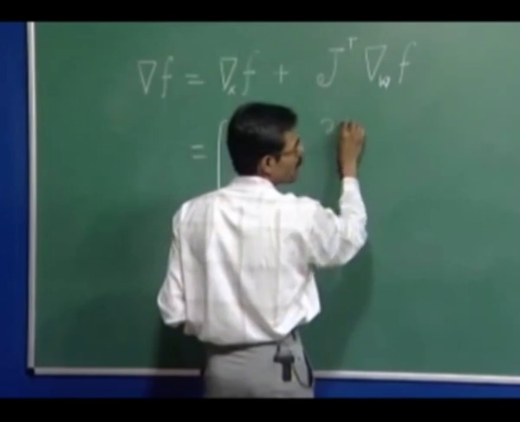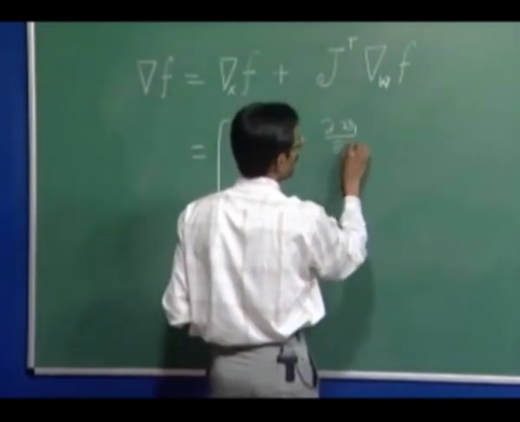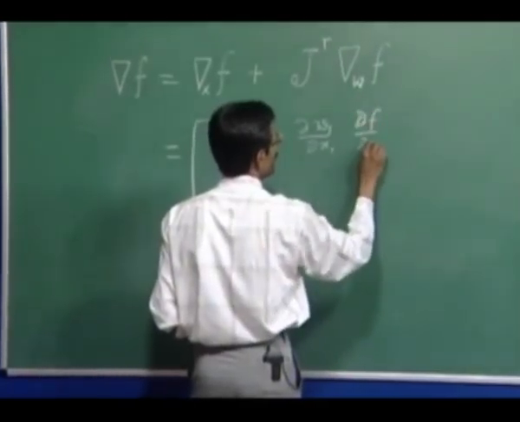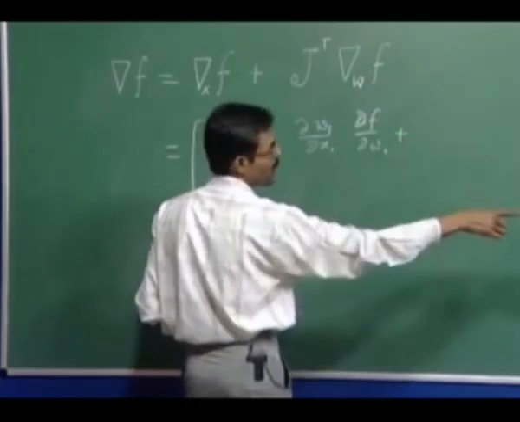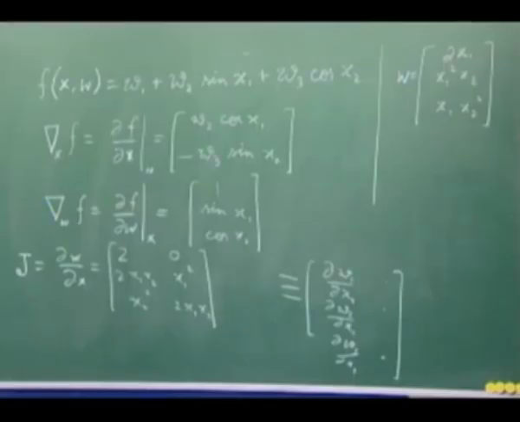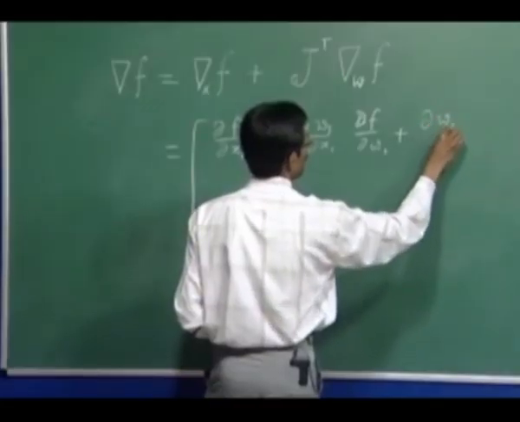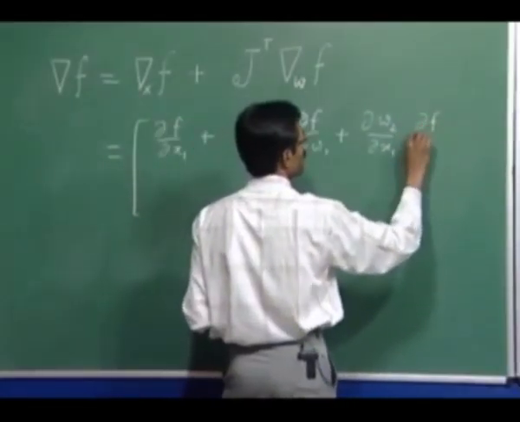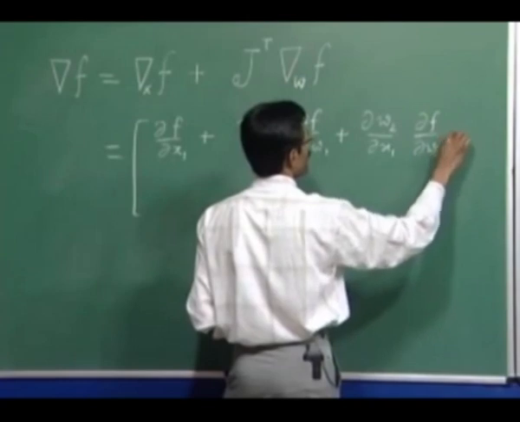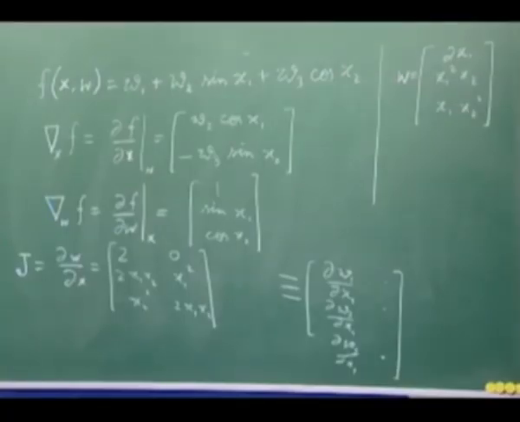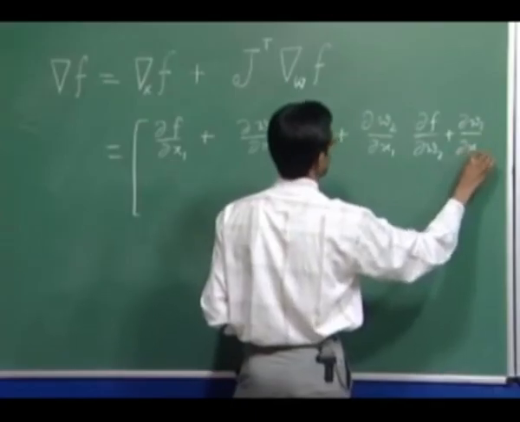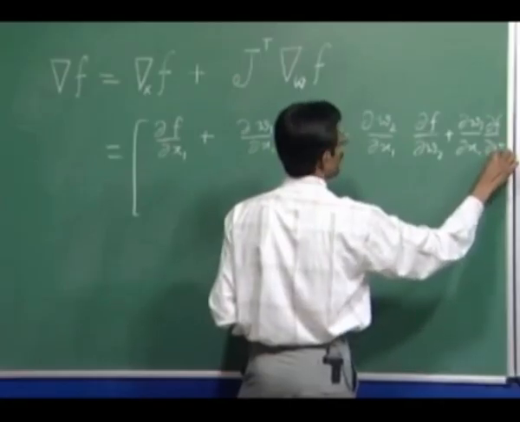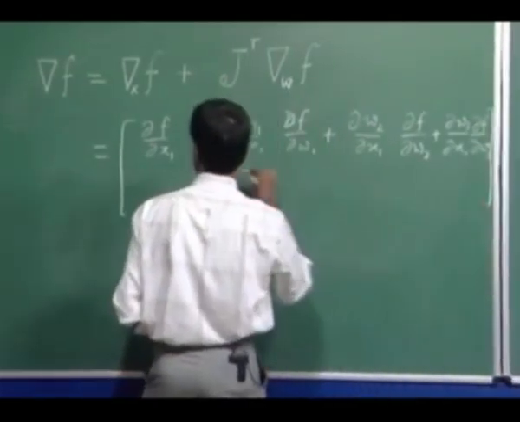Then we will get del w1 by del x1 into del f by del w1, plus the second one, del w2 by del x1 into the second entry, del f by del w2, plus the third entry, del w3 by del x1 into the third entry from here, del f by del w3. That is the first element of this.